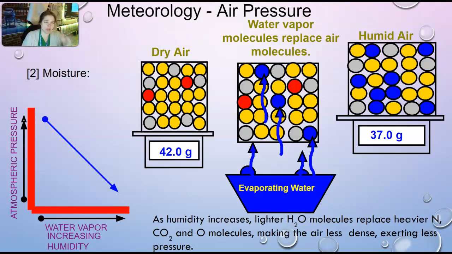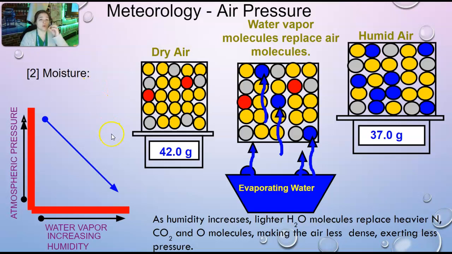So less dense means less pressure with the air. Normal air looks like this. As I start to add in my water molecules, they'll start replacing, in this case, the gray and the orange, which are more dense, with less dense material, which is the water, creating a less dense atmosphere.